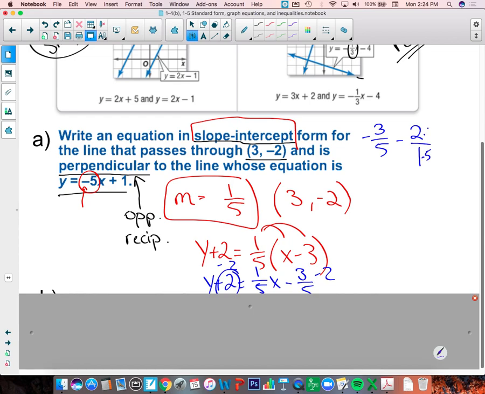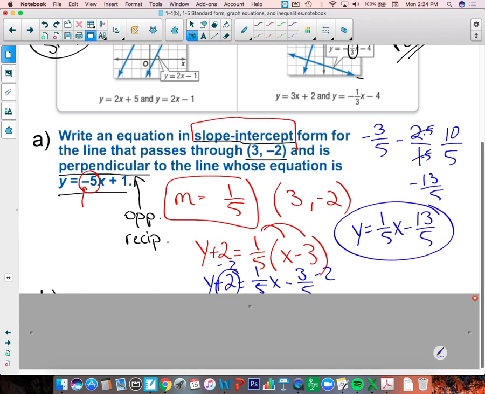So times 5, this turns into 10/5. So -3/5 minus 10/5, that gives us -13/5. So that's what's going to be our y-intercept. So y equals 1/5 x minus 13/5. That's your final answer. That's slope-intercept.